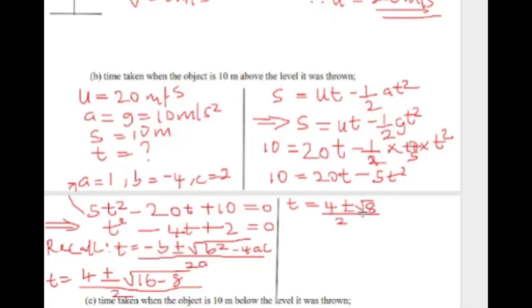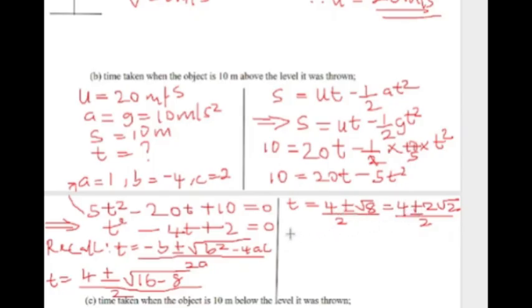Then we simplify this by surds. This is the same thing as 4 plus or minus 2 root 2, divided by 2. Now, how did I do this? We express root 8 as a product of two surds, of which one is a perfect square. That's root 4 times root 2. The square root of 4 is 2, so that's why I have 4 plus 2 root 2. Remember it's plus or minus, two solutions.